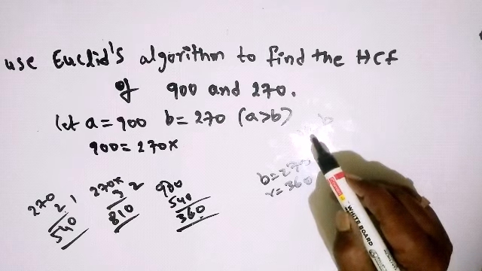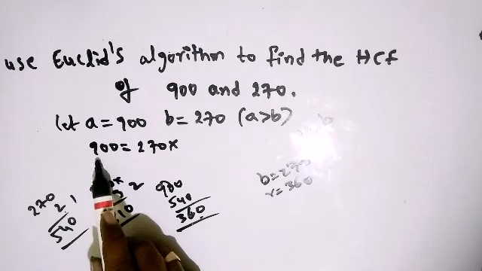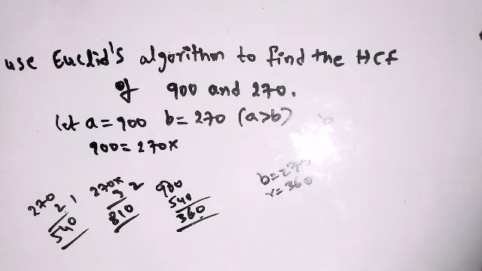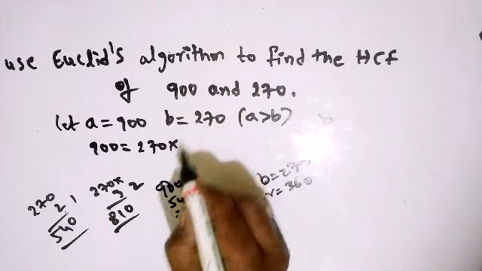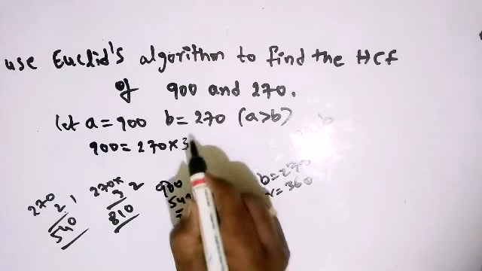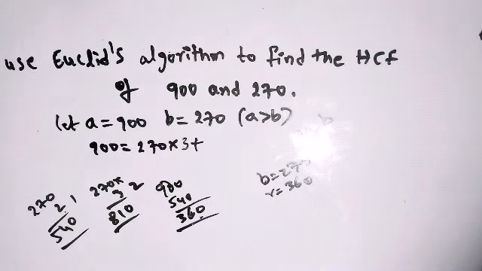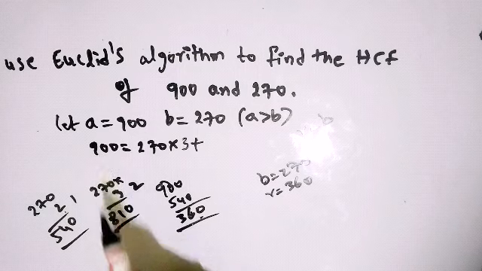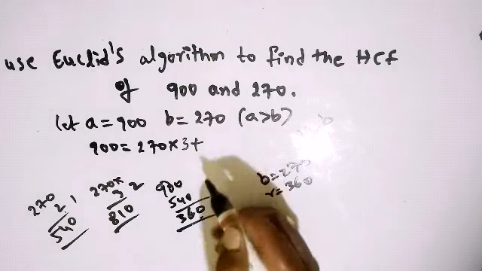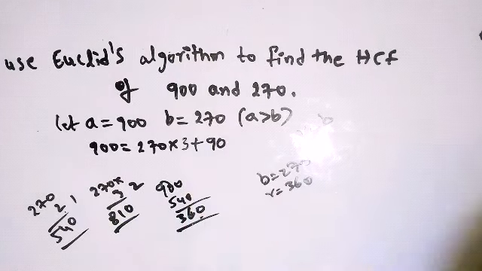That is the reason we take the nearest value of the given A. So here, which is better to take? 270 × 3, that is 810. If you take 270 into 3, we get 810. And the remainder is 900 minus 810, which is 90.